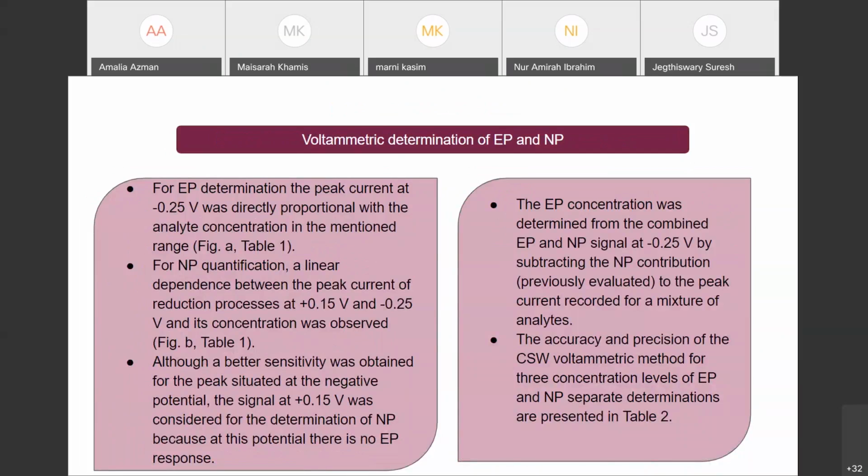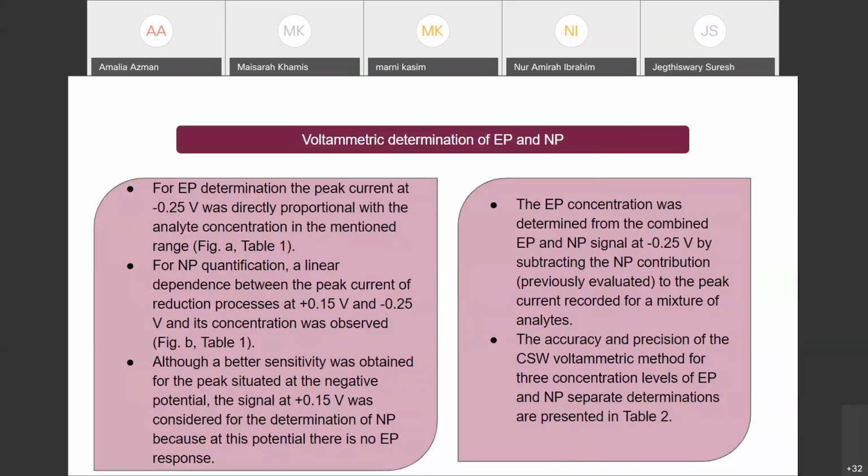So for EP determination, the peak current at -0.25 volt was directly proportional with the analyte concentration, as what Maisara mentioned before. So for NP quantification, a linear dependence between the peak current of reduction processes at positive 0.15 volt and negative 0.25 volt and its concentration was observed in figure B. And then although a better sensitivity was obtained for the peak situated at the negative potential, the signal at positive 0.15 volt was considered for the determination of NP, because at this potential there is no EP response.